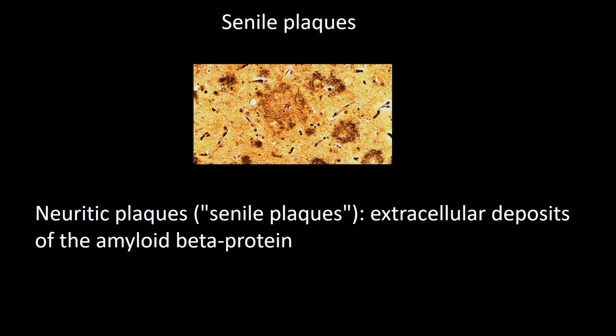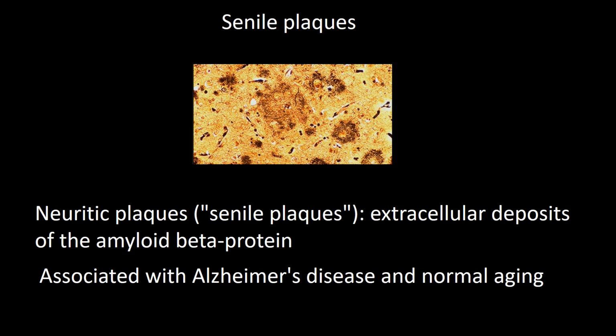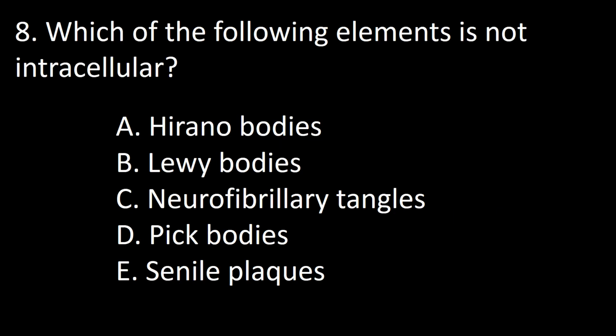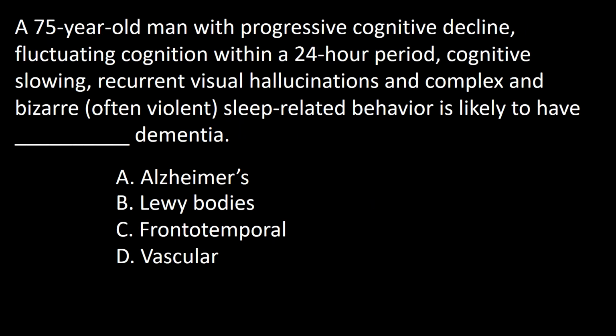Senile plaques are extracellular deposits of amyloid beta protein. They are found in Alzheimer's disease, but also to a much lesser extent in normal aging. So the answer to this question is E, senile plaques. Next question.